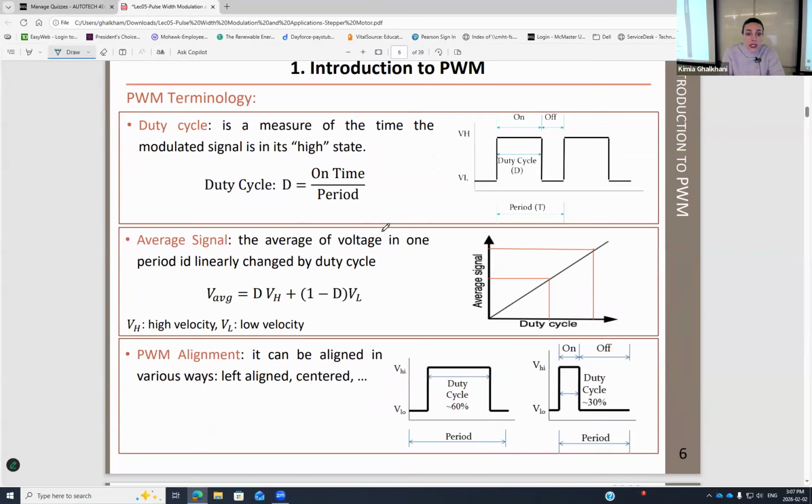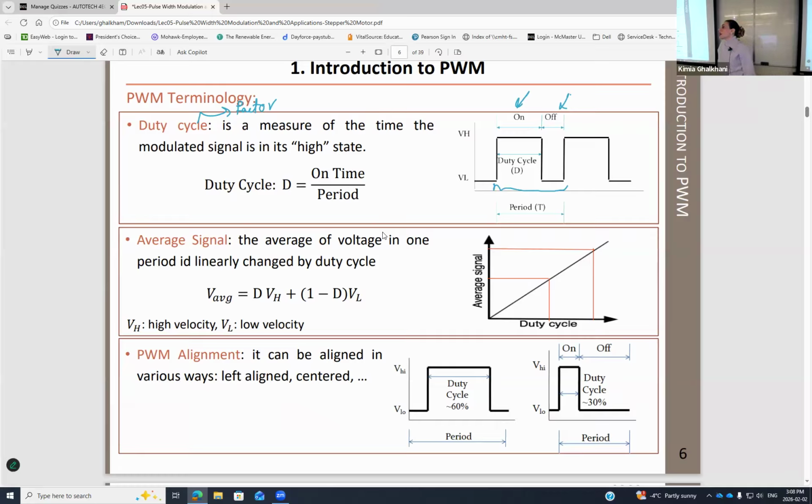Duty cycle or duty factor is the ratio of time a load or circuit is on. For example, here, the ratio of on time over the period. That's what we call duty cycle. It means how long the system is on from that whole period.